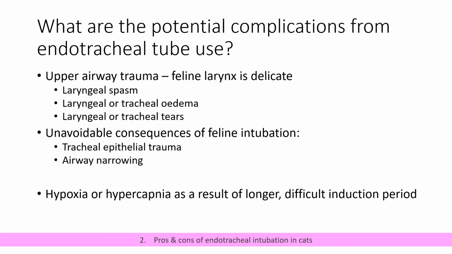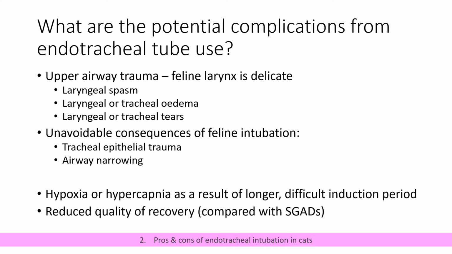Endotracheal tubes are more difficult to place than supraglottic airway devices. You have to be more specific about where you're putting the tube. You have to observe using a laryngoscope and make sure that you're not traumatizing the larynx on the way down, and that increases the risk of hypoxia or hypercapnia as a result of that longer induction period.